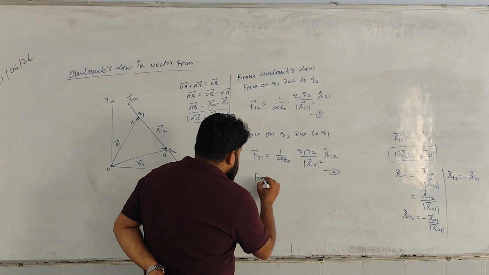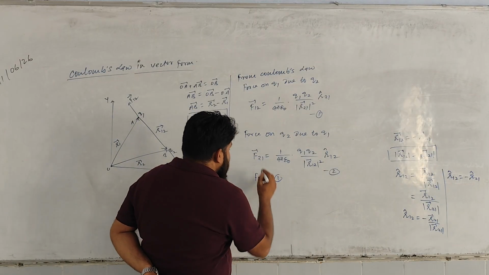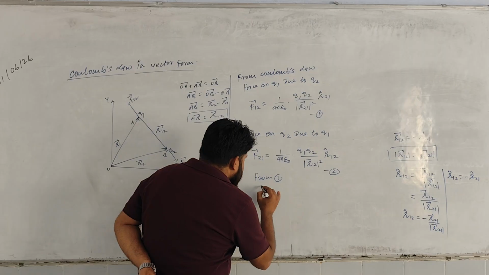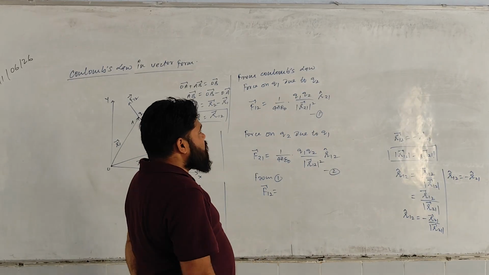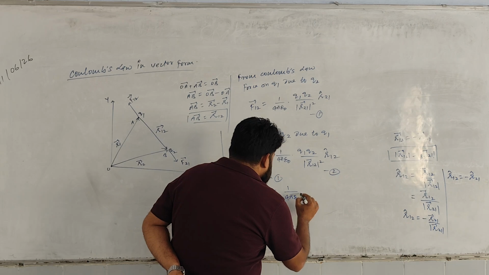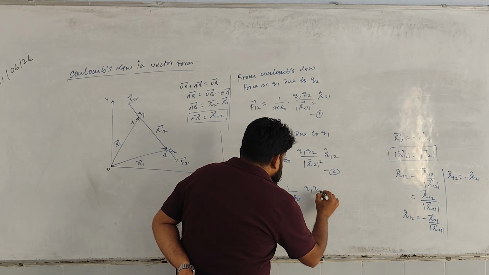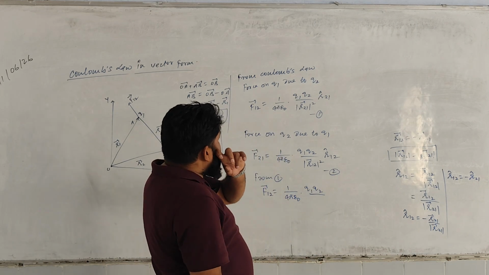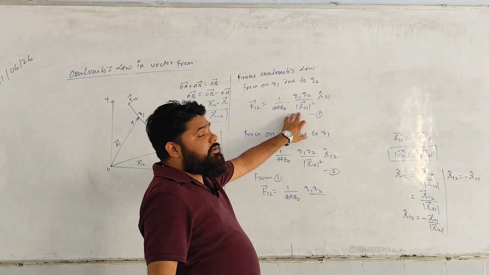From equation 1, F12, that is the force on 1 due to 2, is equal to 1 over 4 pi epsilon naught Q1 Q2 over magnitude of R21 square.